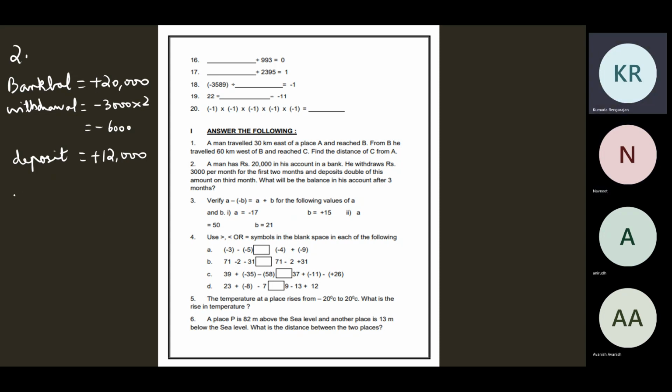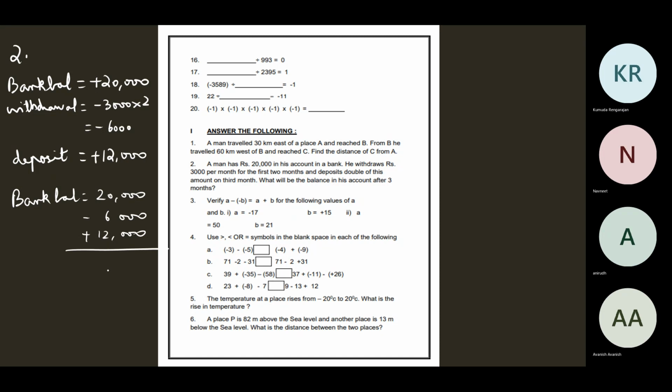Now the bank balance will be how much? 20,000 minus 6,000 plus 12,000. 32 minus 6, 26,000. Did you all get this?